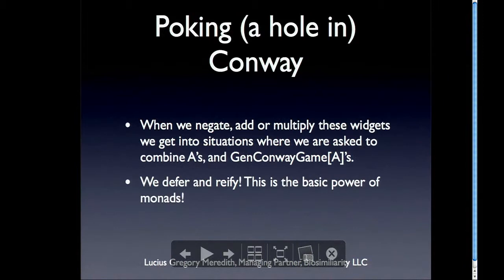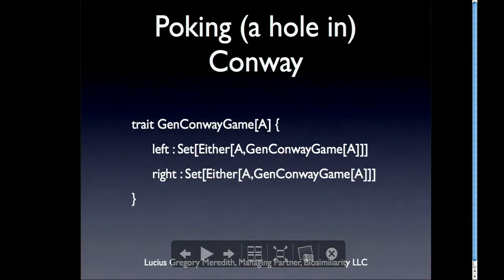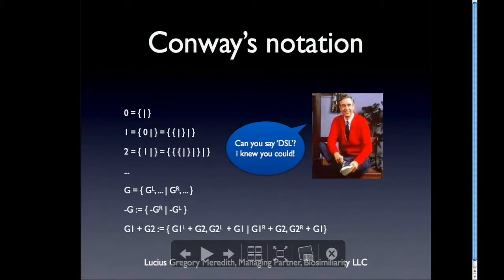Okay, so that's beautiful. But when we negate, add, or multiply these things, if you remember the definitions, so here we go. If what's inside here can be either a game or an A, I'm going to have to negate not only games, but A's.